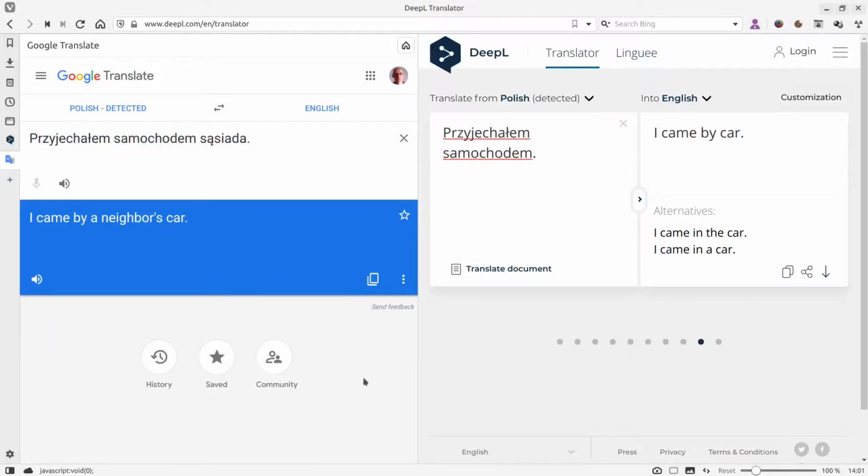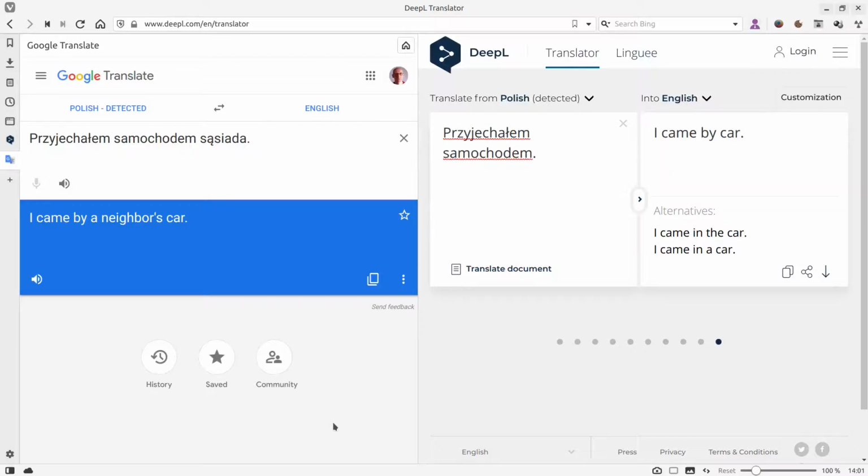Right, and we can see a problem here. By a neighbor's car. So of course we don't use by with a possessive or any other modifier. By car refers to the way you travel.